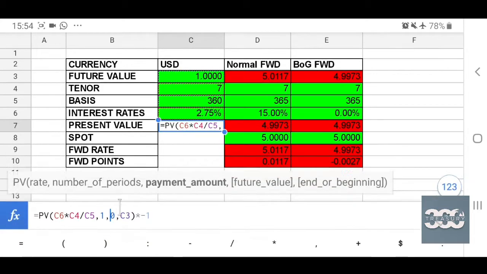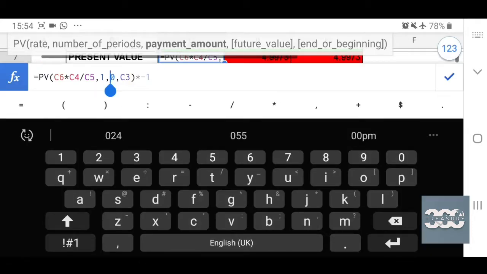Then in PV you'll be required to provide the rate. The first is the rate, the second is the number of periods, which is just 1, then the third is the payment amount.